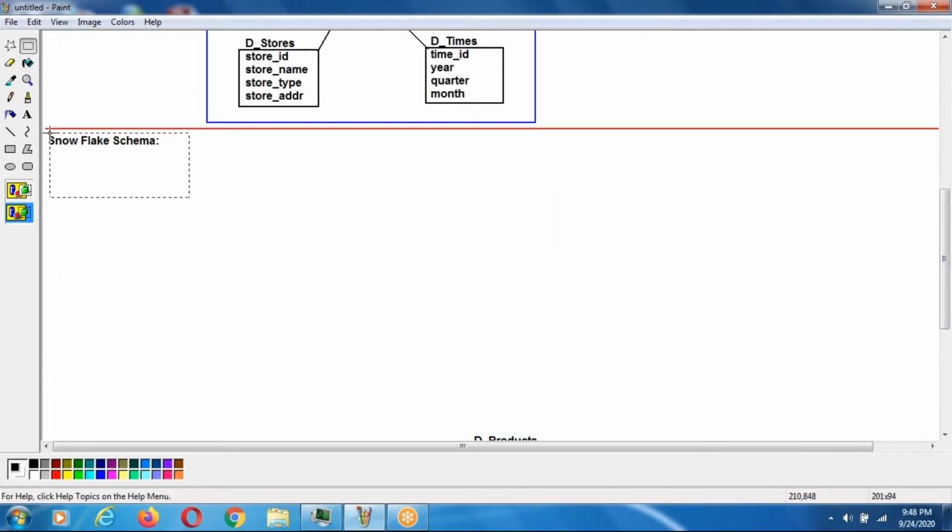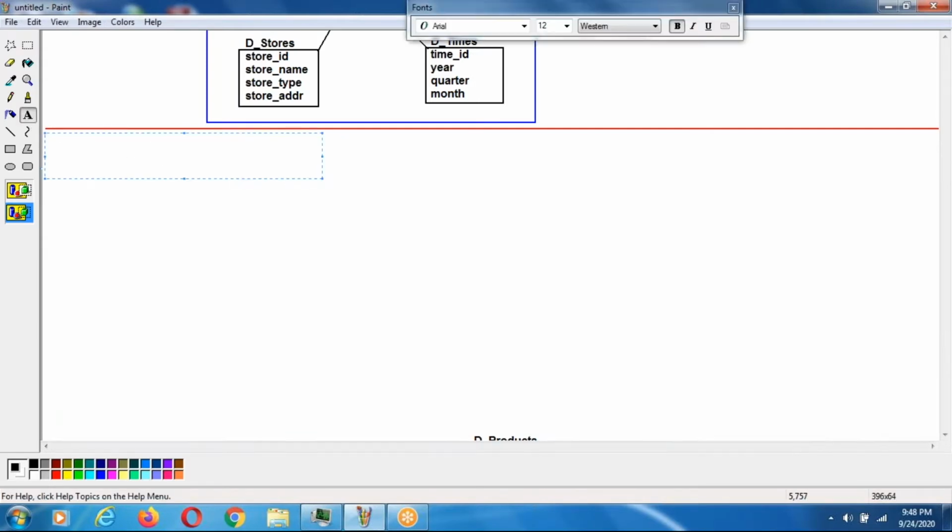It is also nothing but a dimensional model only, but you have to follow some special rules on that.